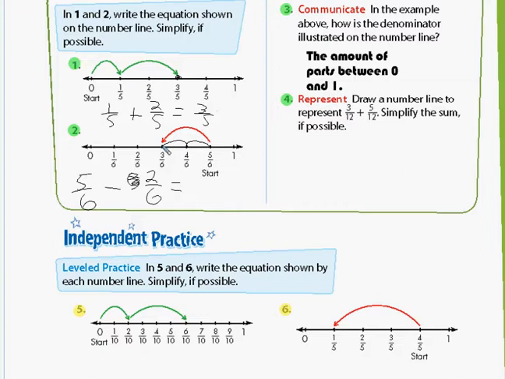And where it ended is 3/6. That's our answer, and we can simplify that. We can simplify it by looking at it, because 3 is half of 6. We know that's equal to a half.